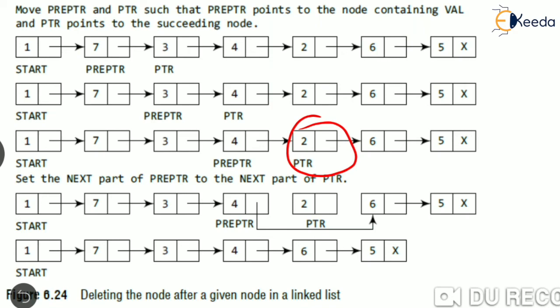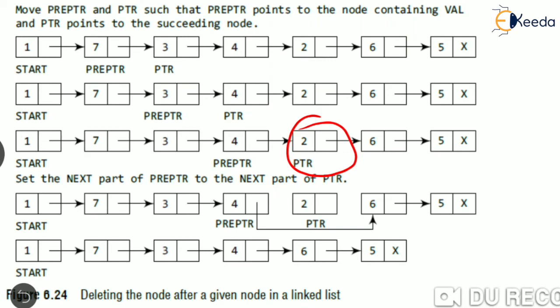At the fourth step, the next part of the pre-pointer points to the next part of the pointer, which means the next part of 2. The next part of 2 is 6. So 4 is directly pointing to 6, and the node which is succeeding node 4 is deleted.